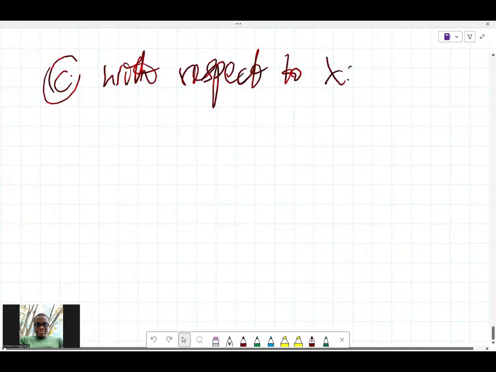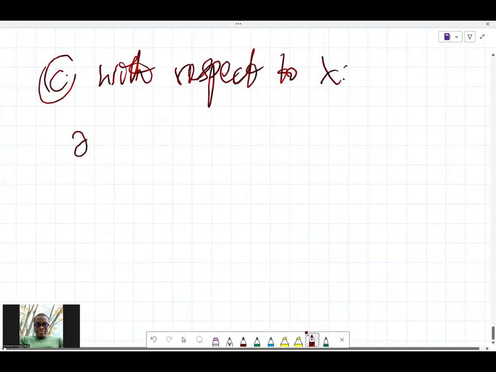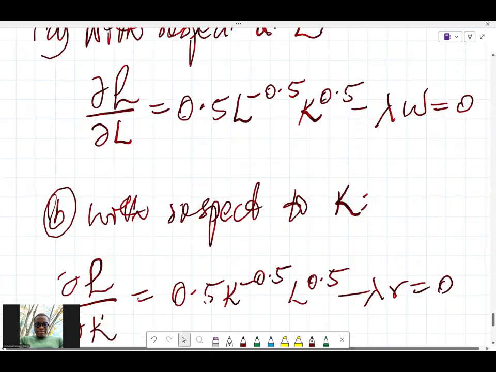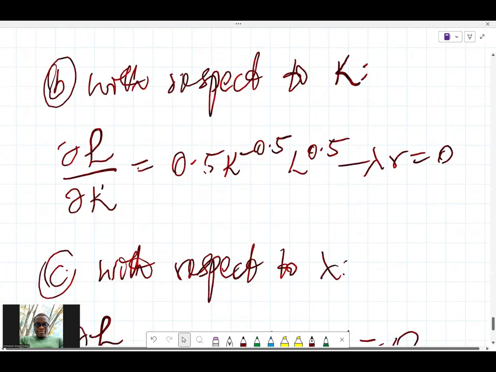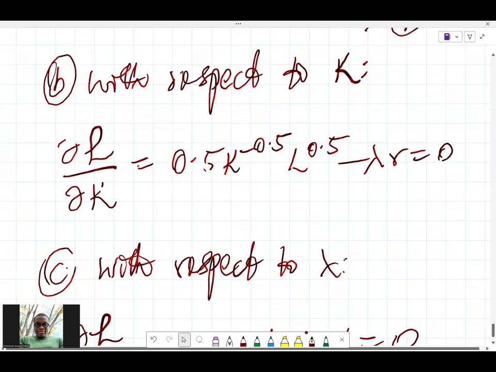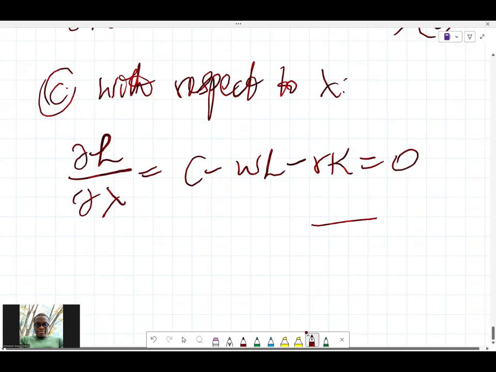So here we simply have partial Lagrangian, partial lambda, and that is equal to C minus WL minus RK is equal to 0. So we have 3 expressions. Let me name them: this is equation 1, this is equation 2, and this is equation 3.